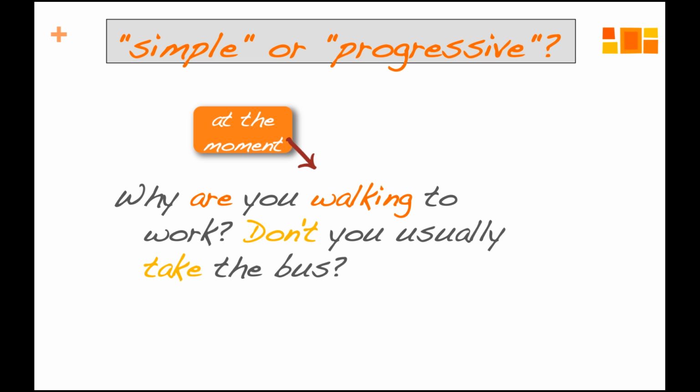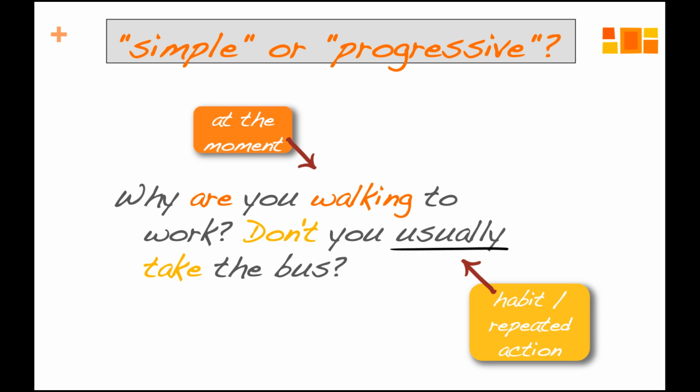And don't you usually take the bus? We've got the simple present. Now this is a habit. Normally, usually, that person takes the bus. We've got a habit or a repeated action, talking about things in general, not at the moment, because at the moment that person is walking. So, why are you walking to work? Don't you usually take the bus?